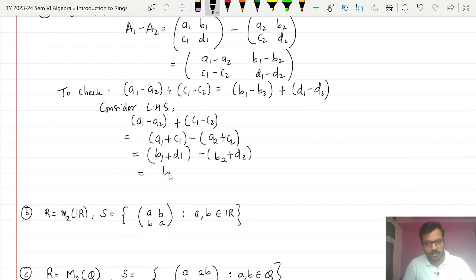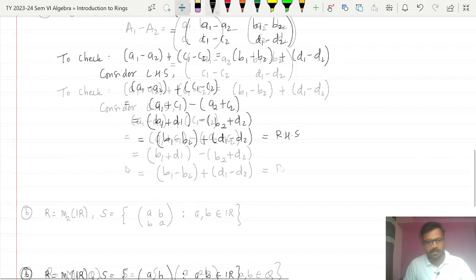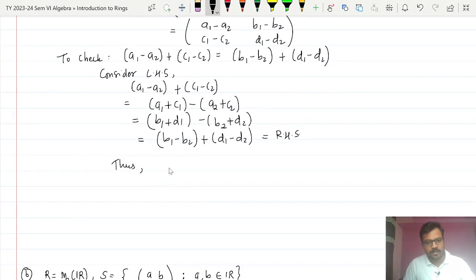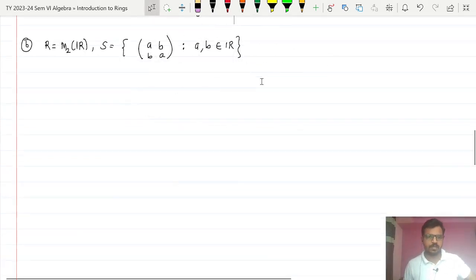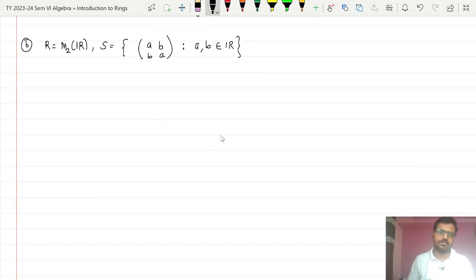Again by simplifying, one can see that this is equal to B1 minus B2 plus D1 minus D2, and that is nothing but our right hand side. Thus A1 minus A2 belongs to S. Now we have proved both the conditions of a subring here, and therefore we can conclude that S is a subring of R.